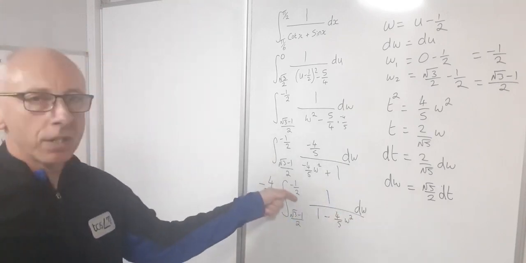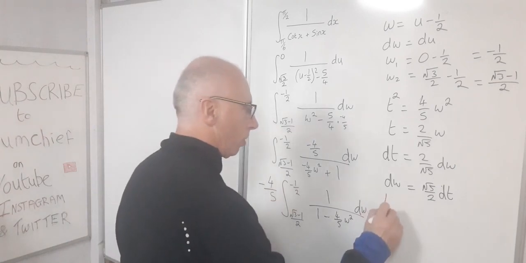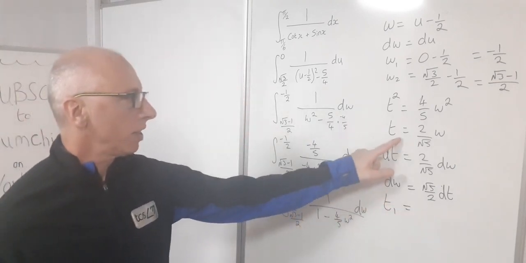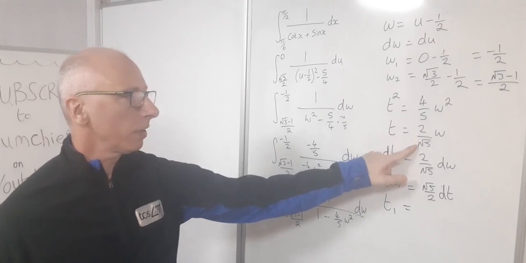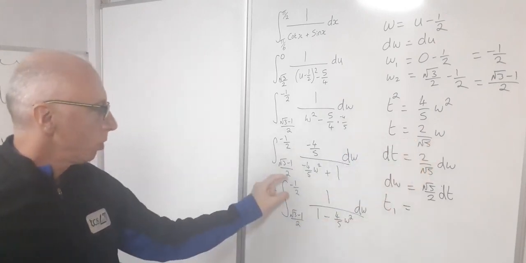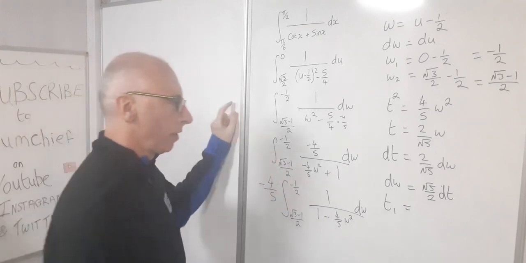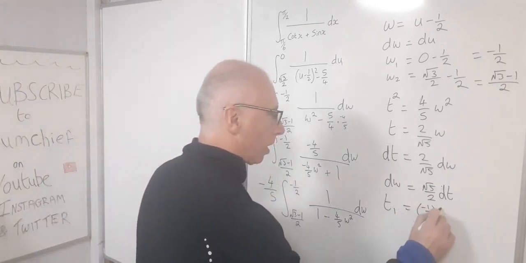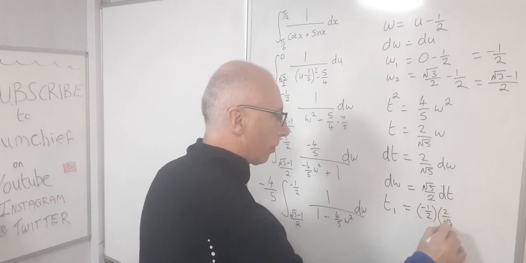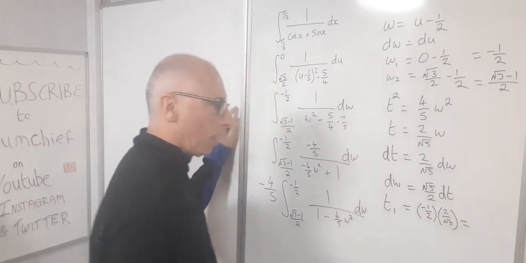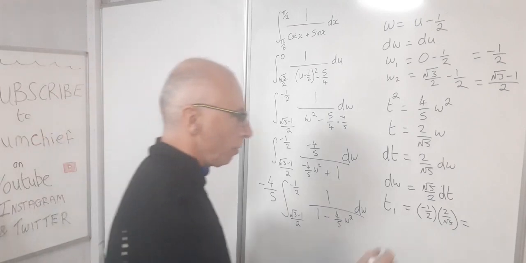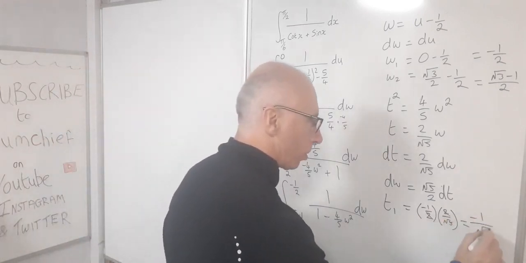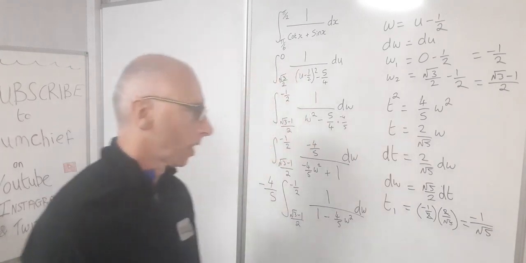But now our parameters. For our upper bound, all we have to do, as t equals 2 over √5 w, is just multiply all these by 2 over √5. So we've got minus a half times 2 over √5. Well, we can simplify that a little bit. They cancel out and we're left with minus 1 over square root of 5.